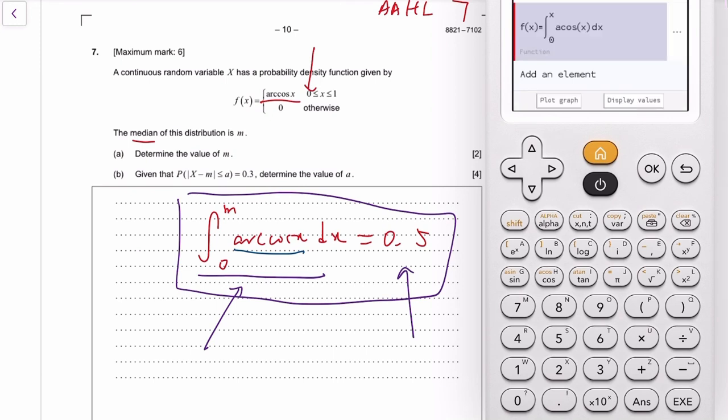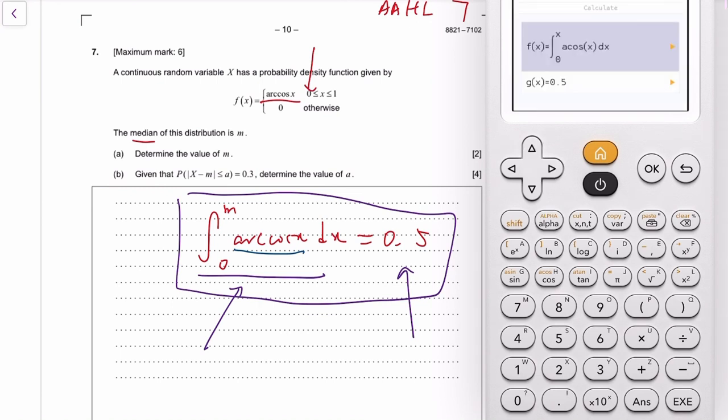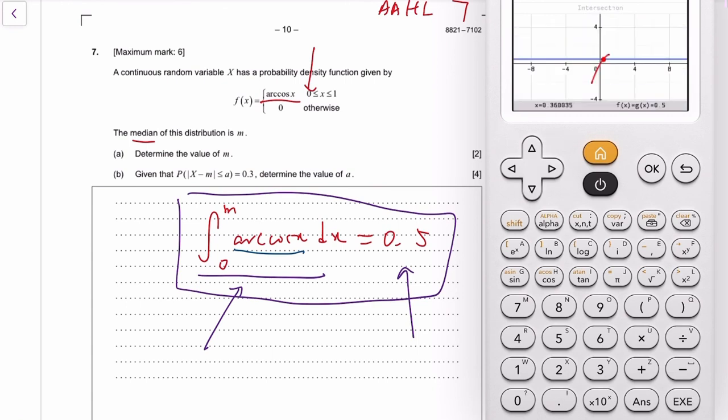They will understand what you want. So you also draw the line 0.5 and plot it. Then we just look for the intersection. Find intersection. So m is 0.360.